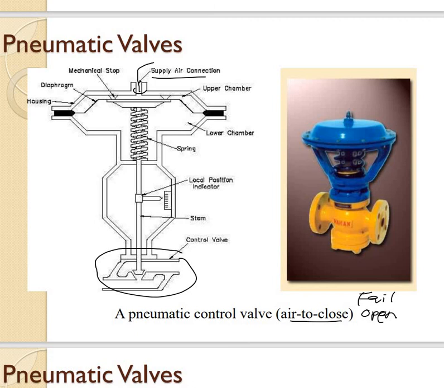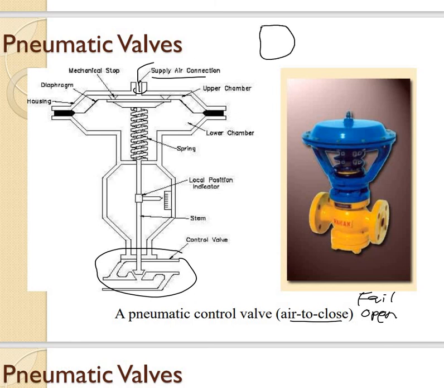So for the reactor, our main control objective normally is to control the temperature, right? So this fail open valve can be used to manipulate the steam.